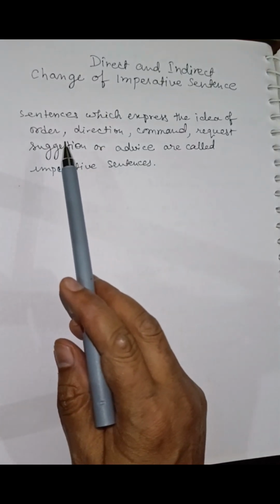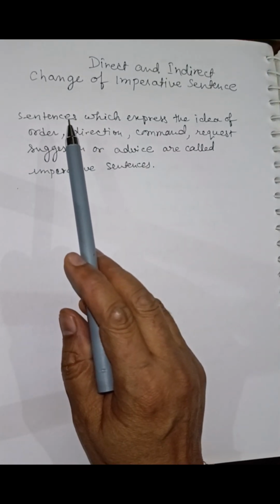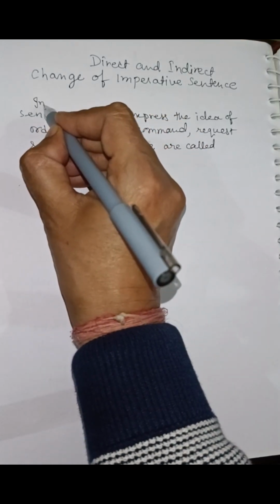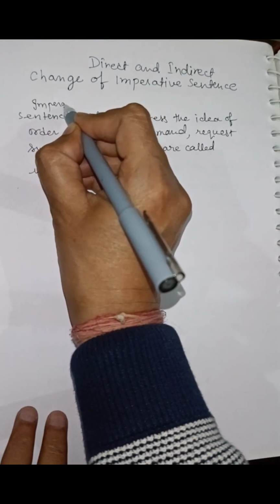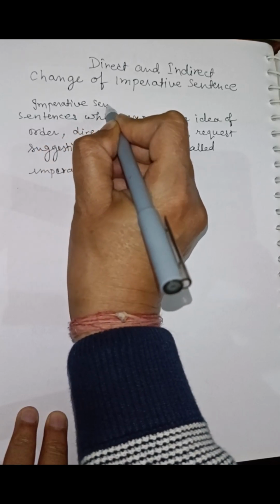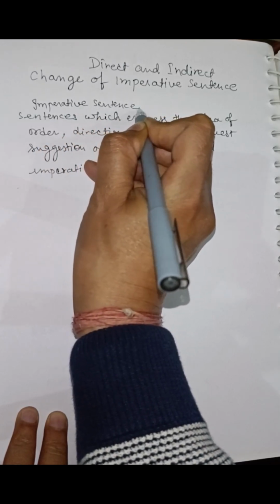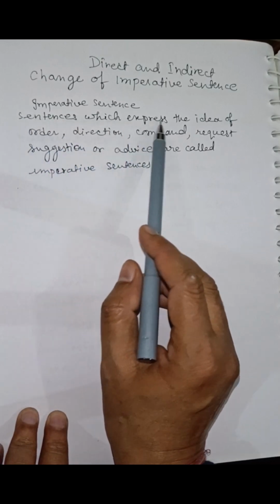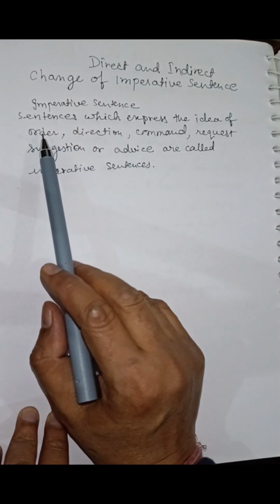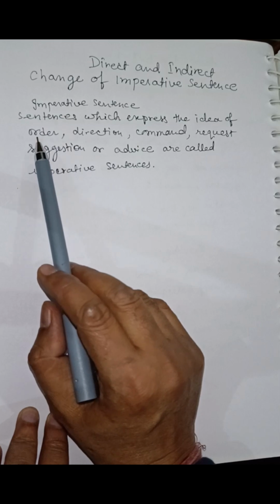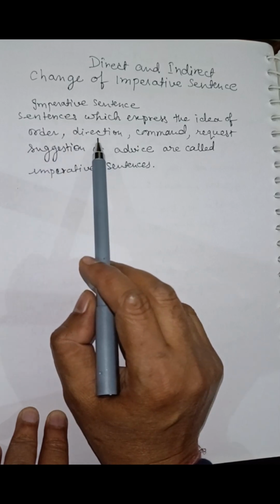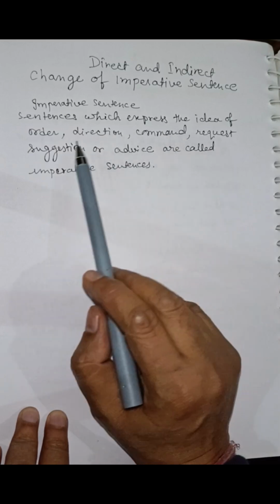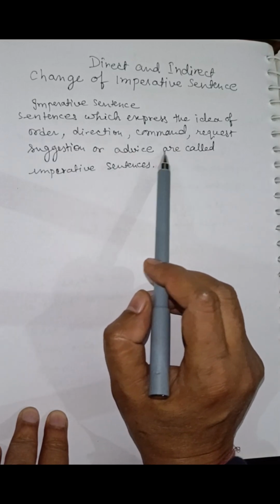So here is the definition of an imperative sentence. The sentences which express the idea of order, in which we give some command or order, direction, some instruction can be given, command, request, suggestion can be given, or advice can be given.